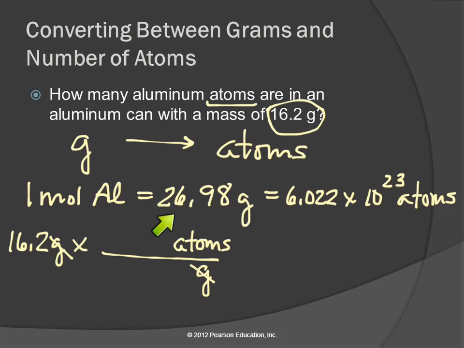So now we look here, and 26.98 goes with grams. We have to keep the number and its unit together. We can't switch partners here. And 6.022 times 10 to the 23rd atoms.